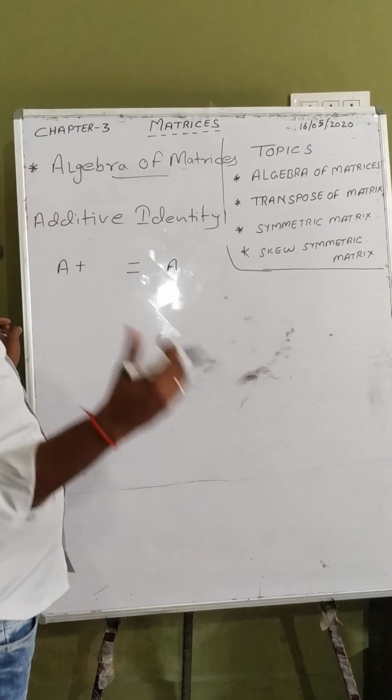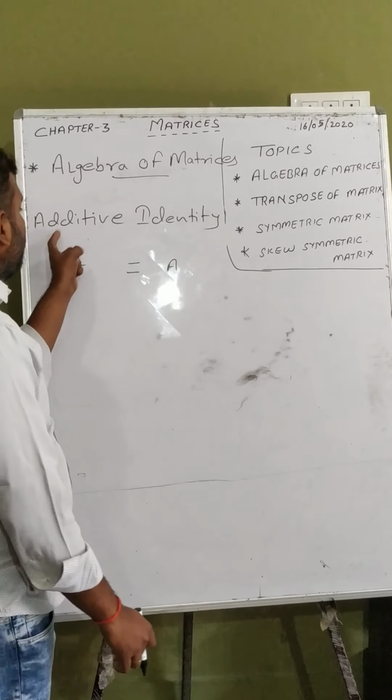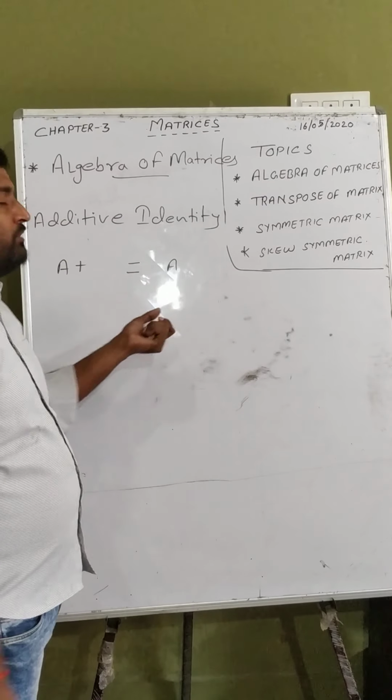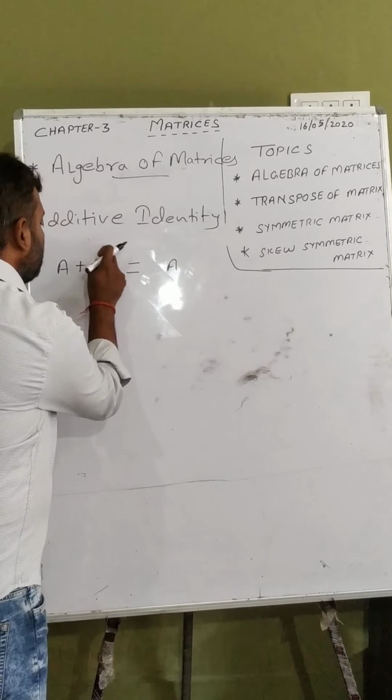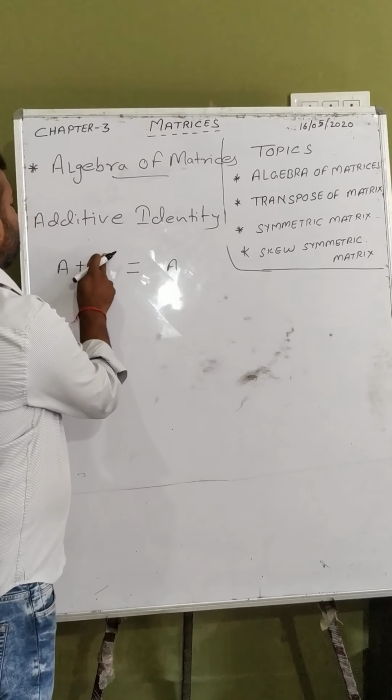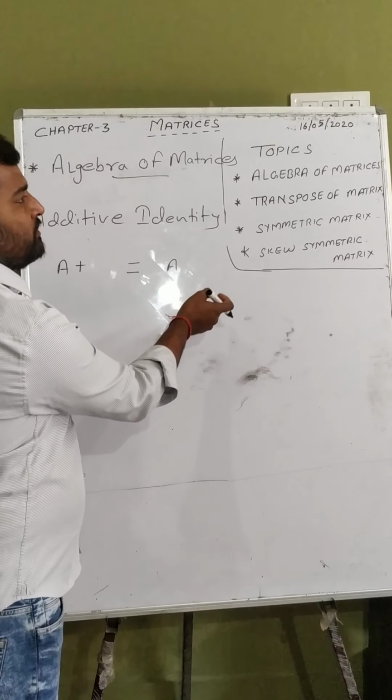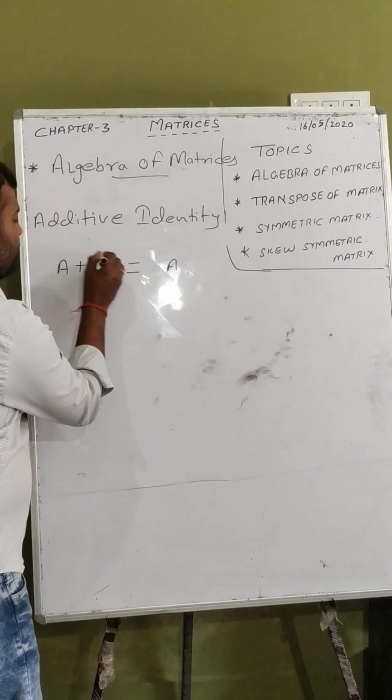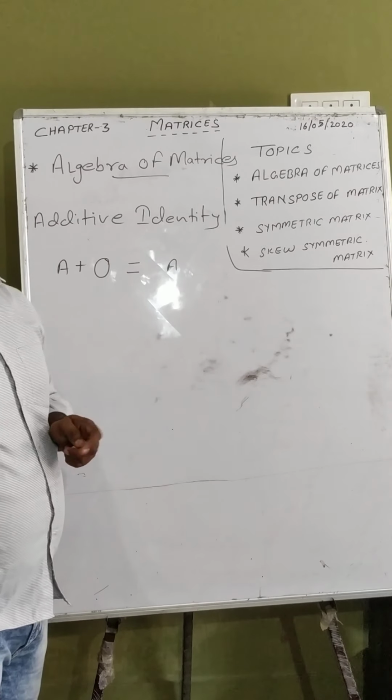After adding, the same matrix will appear. It means if A is a matrix, what matrix do I add here to get the same matrix? So here it is the zero matrix.